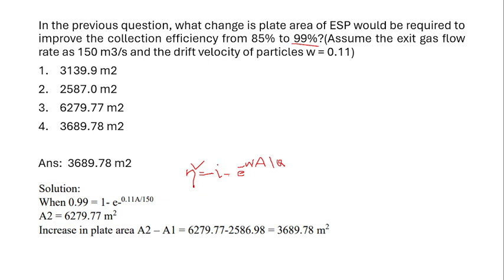You have to subtract this from the 6279 obtained for 99% efficiency, that is A2 minus A1, and you will obtain the value of 3689.78 meters square. So if you increase the area of the collector plate by 3689.78 meters square, the efficiency will get improved from 85% to 99%. This is how you have to calculate.